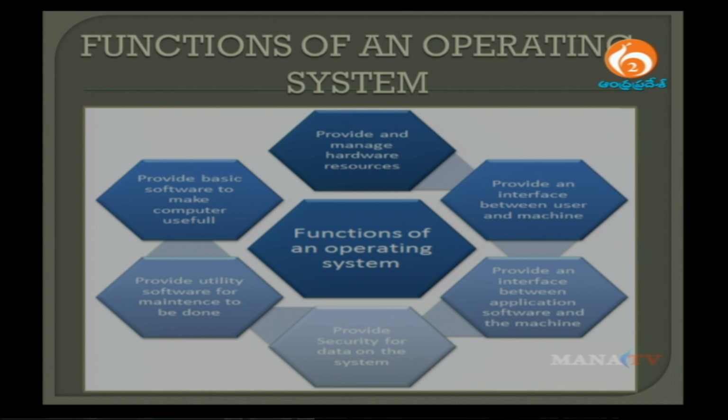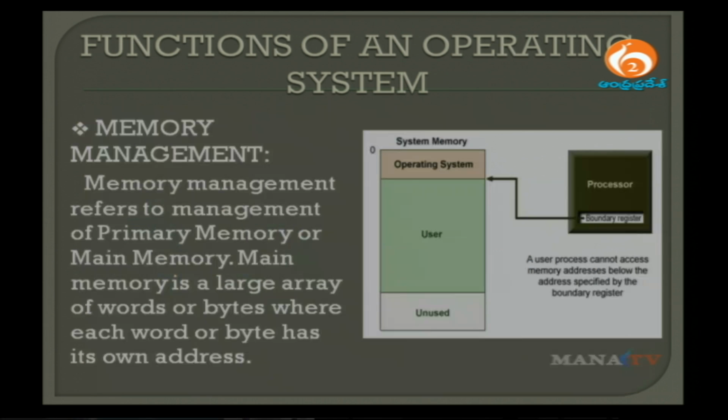And then you can see provide utility software for maintenance to be done, and then provide basic software to make the computer useful. This is what you have to remember when I speak about the functions of an operating system.